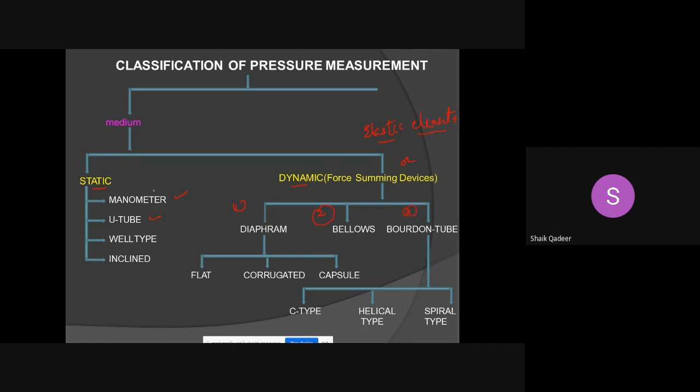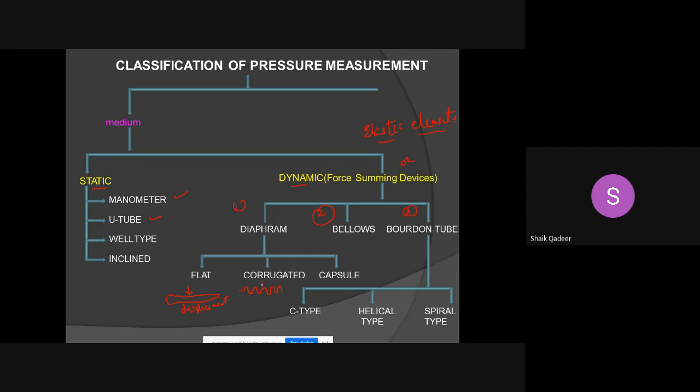There are three types of diaphragm. One is flat, something like this, a big rod or platform kind of thing on which the force is applied. On the other side, we observe displacement. In the corrugated type, the shape of the diaphragm is like a sinusoidal signal.